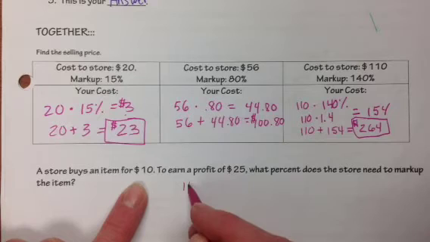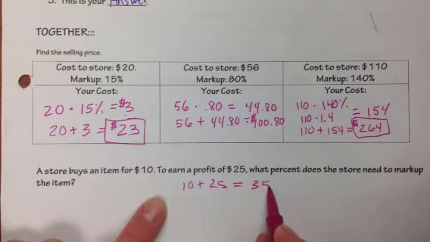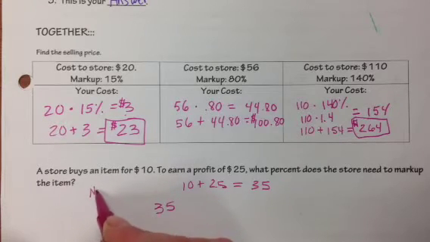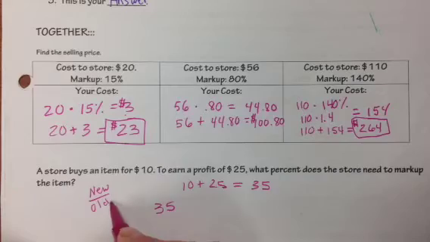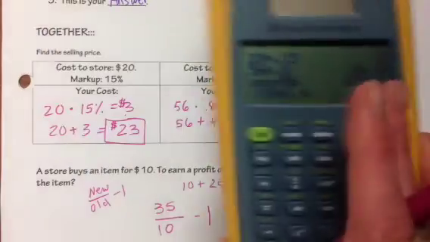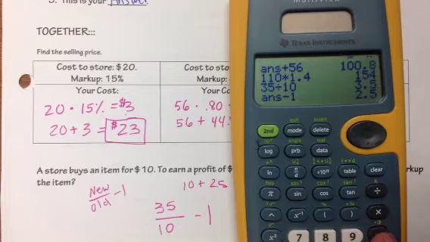Our new would be 10 plus 25 to give us $35. And so now we can take our 35, which is our new, over old, minus 1. Over 10 minus 1, so 35 divided by 10, enter, minus 1, enter, so 2.5.